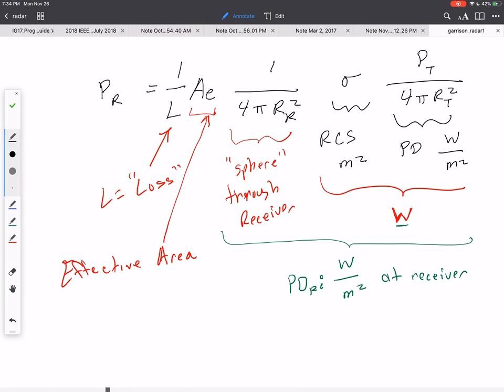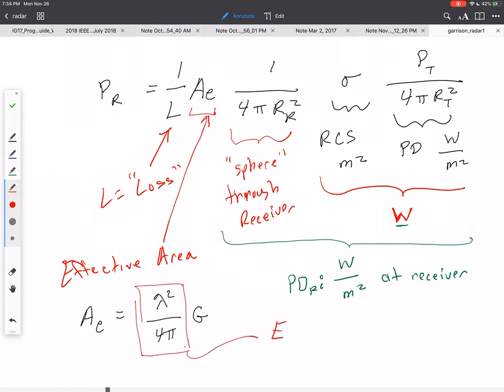The relationship between effective area and gain, remember, was wavelength squared over 4 pi times gain, where this set of terms here is known as the effective area of an isotropic antenna.